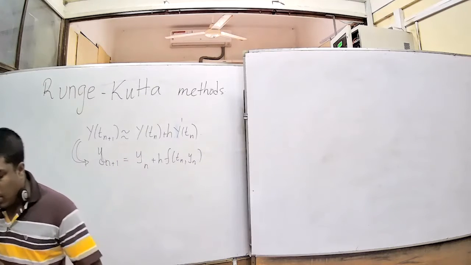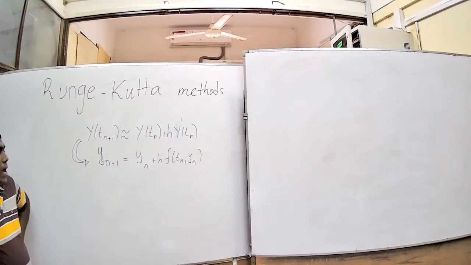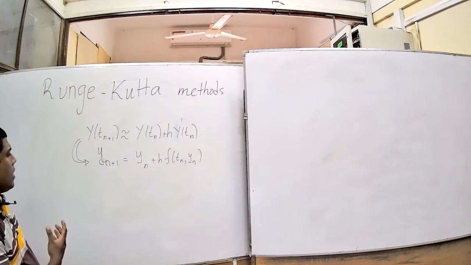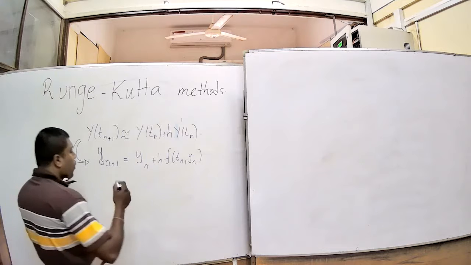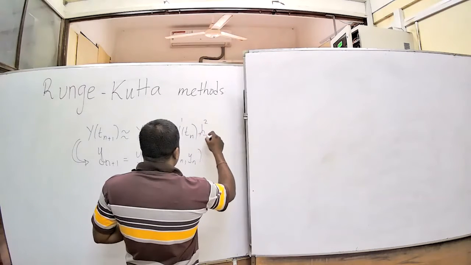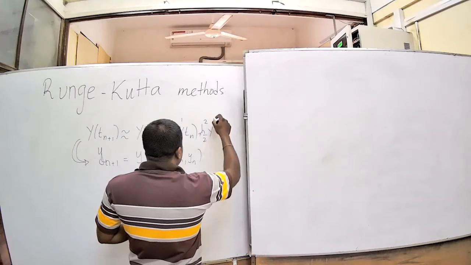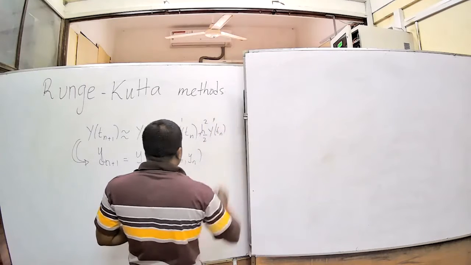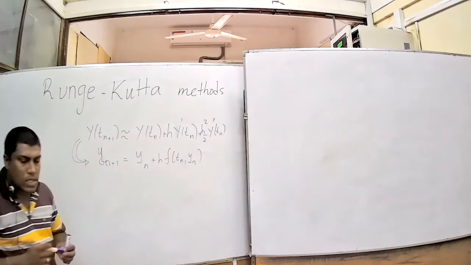So approximation of Taylor's expansion of y at t_{n+1} with the first derivative leads to Euler's approximation. So obviously you can think that if we expand this a little more, with h squared over 2 y''(t_n), then that would be a better approximation, right?